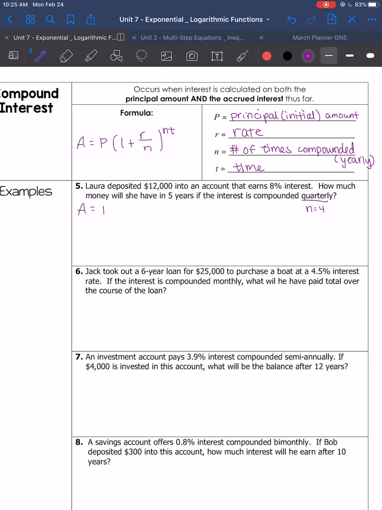A equals $12,000 times 1 plus 8% interest, which is 0.08, over 4 to the 4 times 5, because it's 5 years. So if you simplify this, you get 12,000 times 1.02 to the 20, which gives you about $17,831.37.